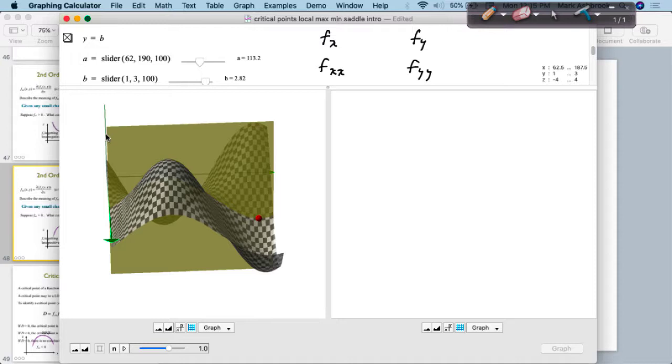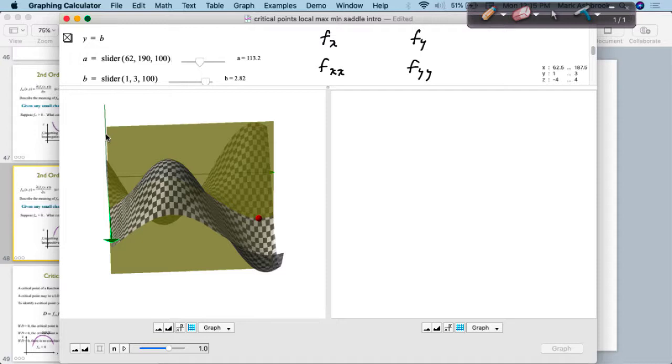Okay, how about Fy, the first partial with respect to y? Pretty close to 0. In the x direction, it's cruising down, but in the y direction, we're kind of hitting a low spot. So the partial with respect to y is pretty close to 0.